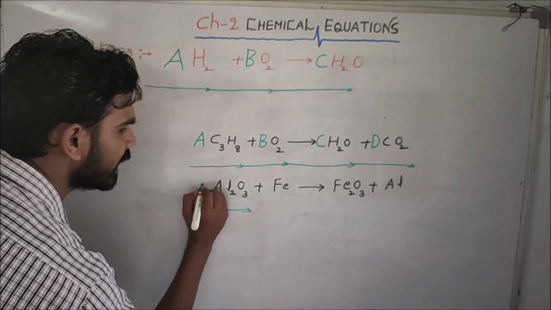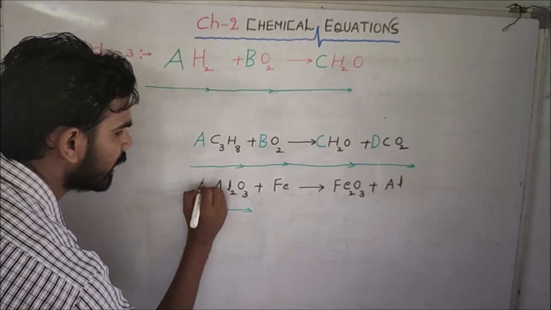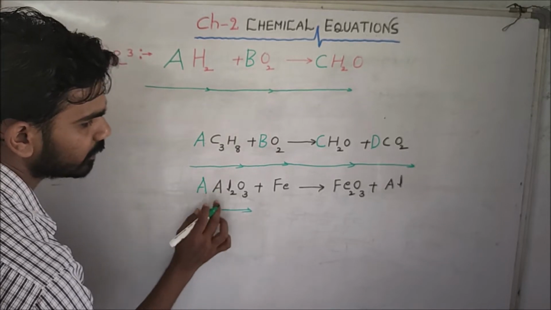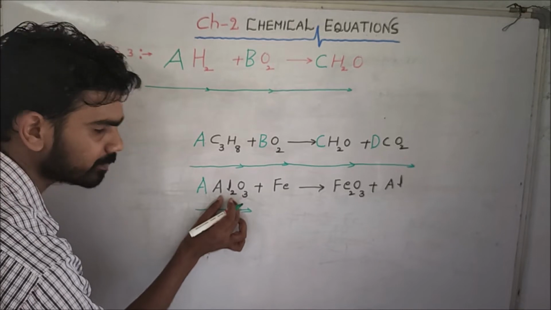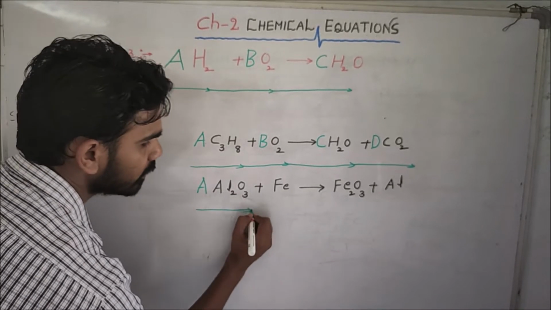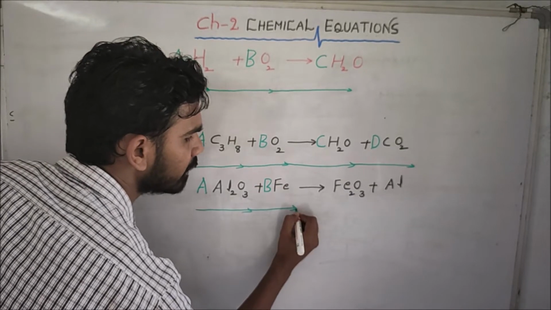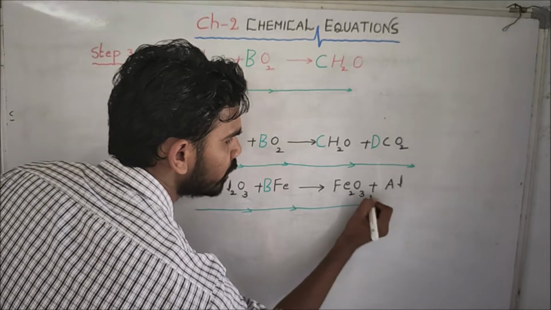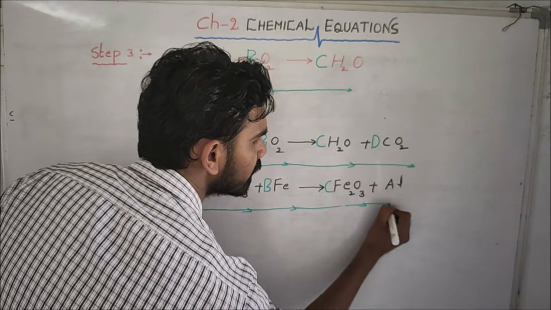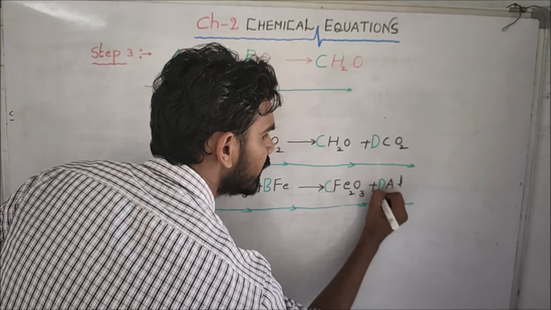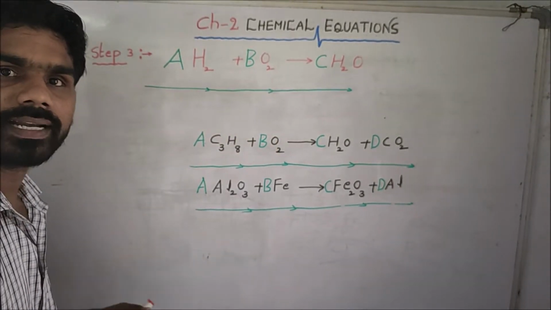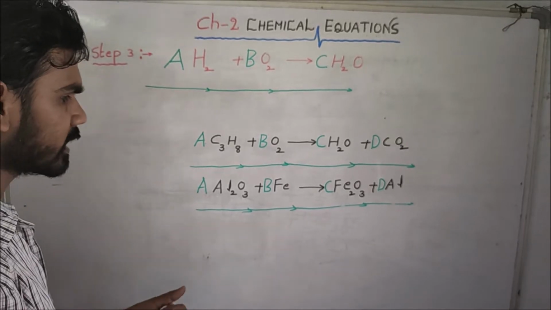First reactant, it is called A family. This is Al2O3, A family. Next, iron Fe, B family. Fe2O3, C family. Aluminium, D family. So you are understanding. We'll see one more example.